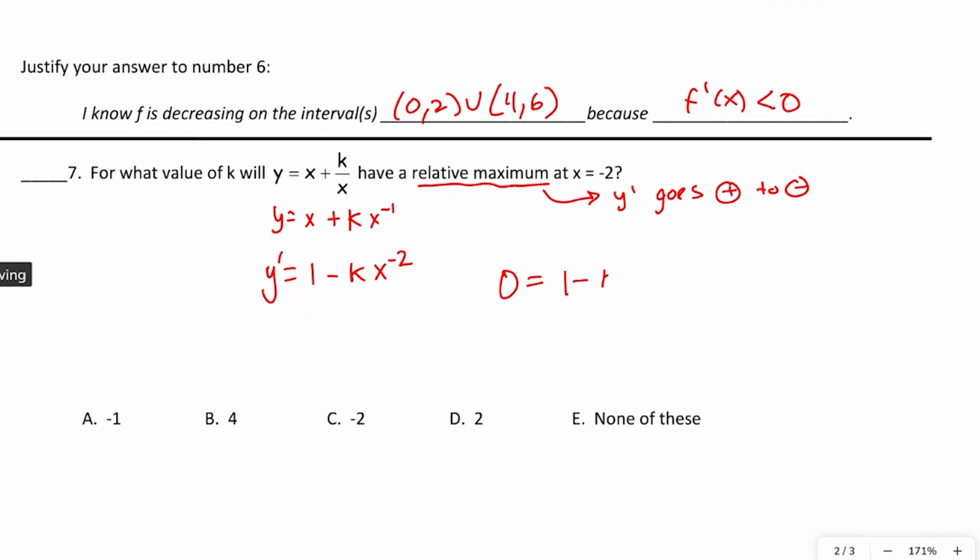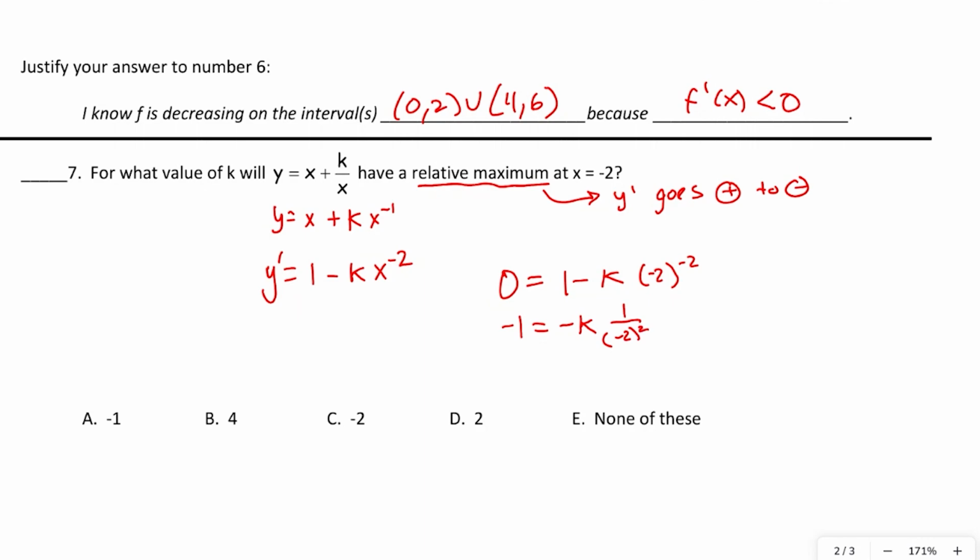So if you have 0 equals 1 minus k times negative 2 to the negative second power, we could solve this for k. Subtract 1 on both sides: negative 1 equals negative k times 1 over negative 2 squared. Negative 2 squared is going to be 4.